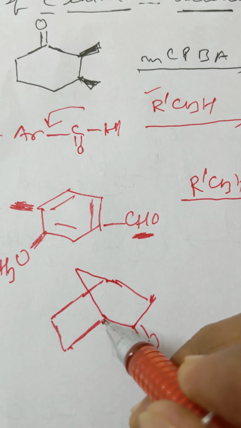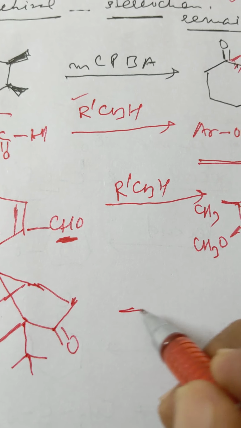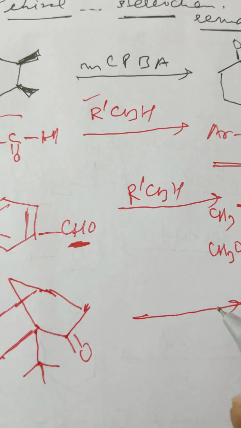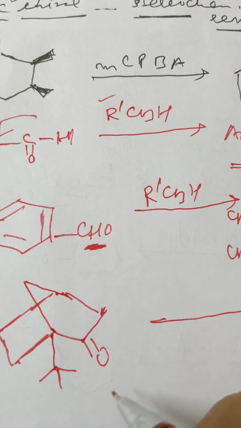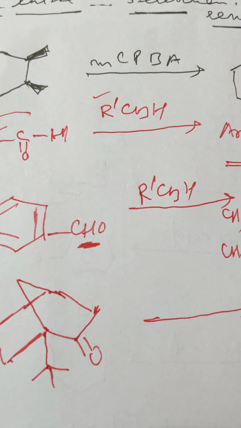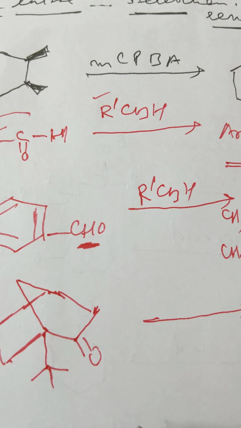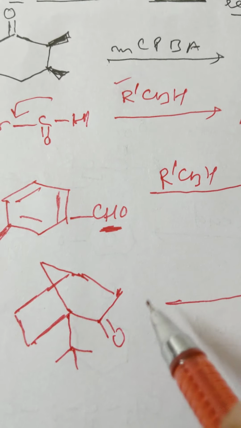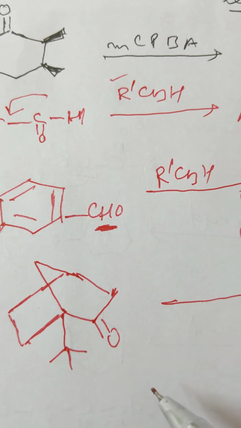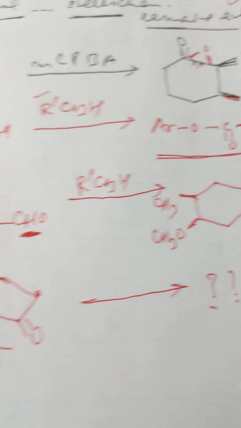And see, we have a tertiary butyl group over here, and you are doing this reaction. What is going to be the product in this case? What you need to keep in mind here is what I said at the start of the example. So this is just a homework for you. You will be telling the answer.